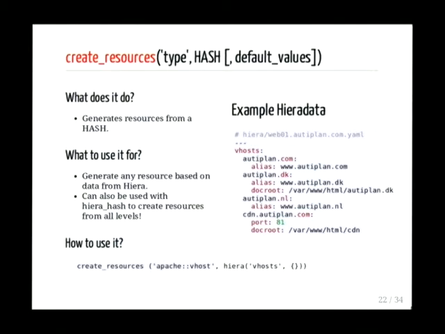So if we look in our Hiera data, this hash has 4 elements. So this will create 4 vhosts. And the next level down are the attributes of the defined type in this case. So you can use this for defined types, but also for regular types. So you can use this to create users or packages or files or whatever you want. And load all the data straight from Hiera.